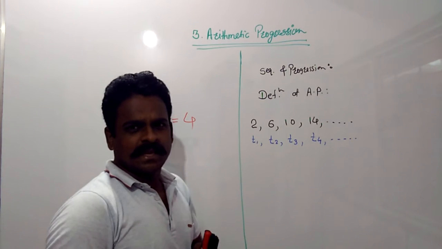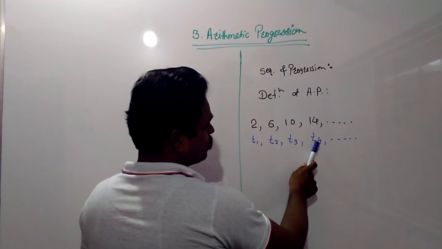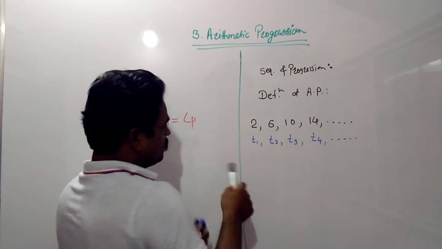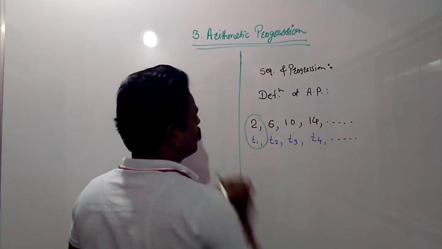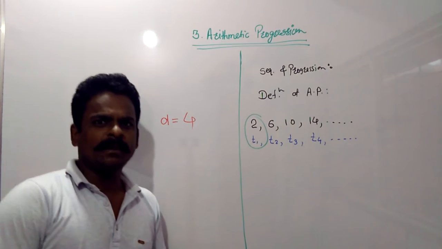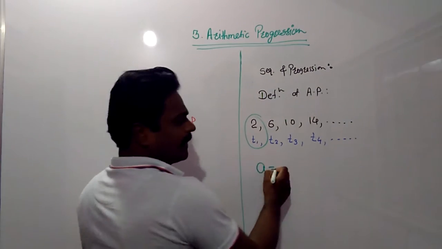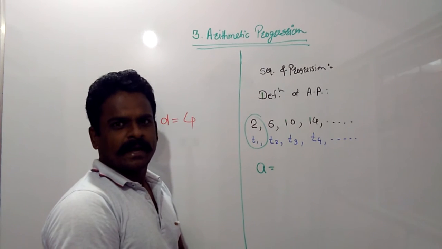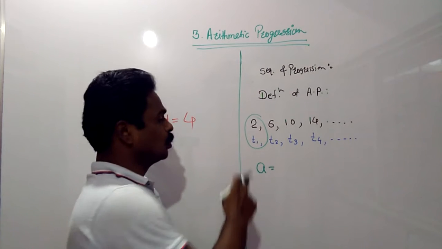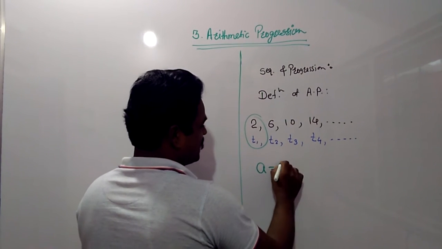Here the first number is very, very important. The first number is always denoted by a. Here the first number T1 is 2, so that is denoted by a is equal to 2.